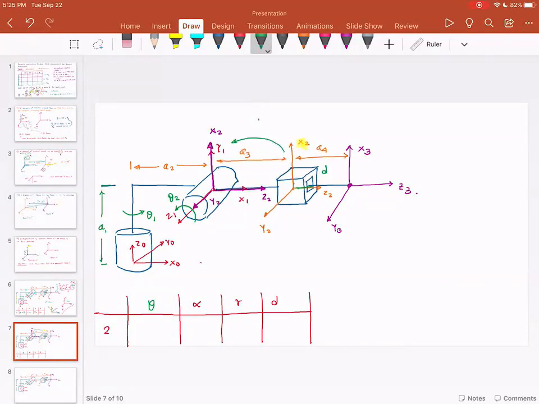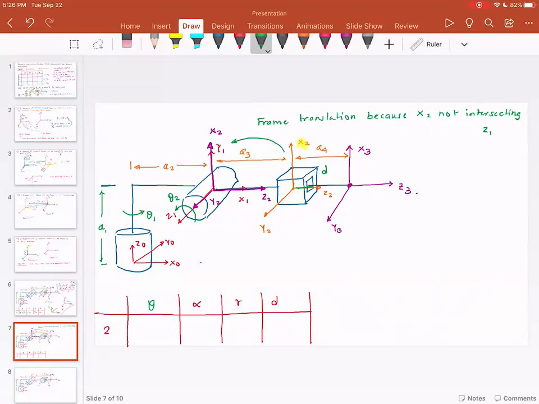So frame translation, because x2 is not intersecting z1.